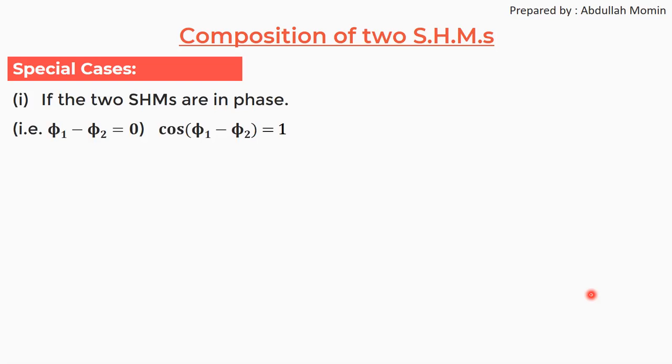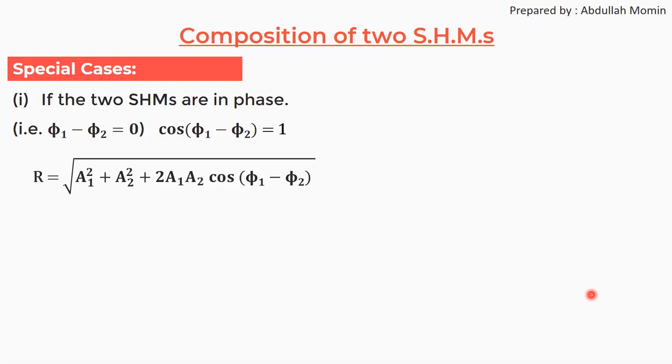First case is if the two SHMs are in phase, that means the phases are equal, and when we subtract the equal terms we will get 0. So if phi 1 and phi 2 are equal, then phi 1 minus phi 2 is 0, and cos 0 can be written as 1.